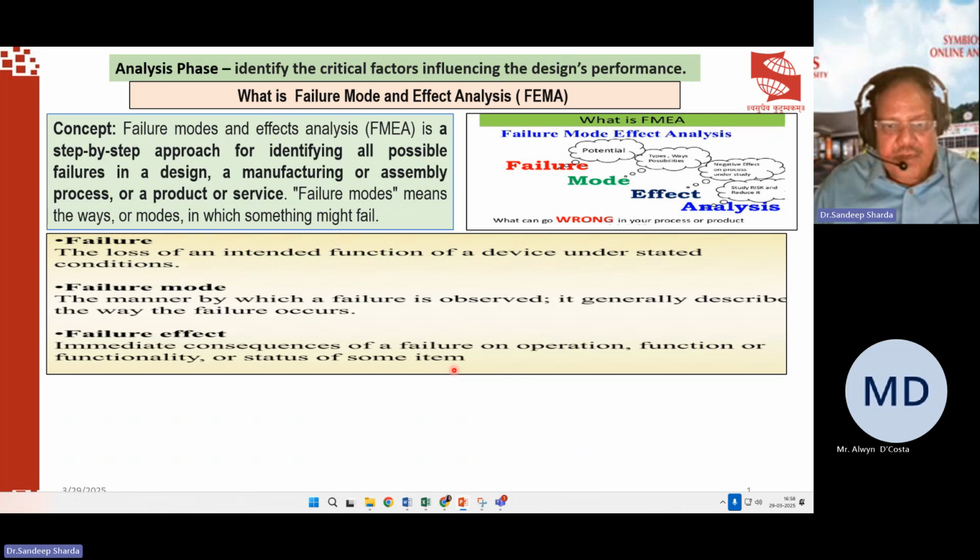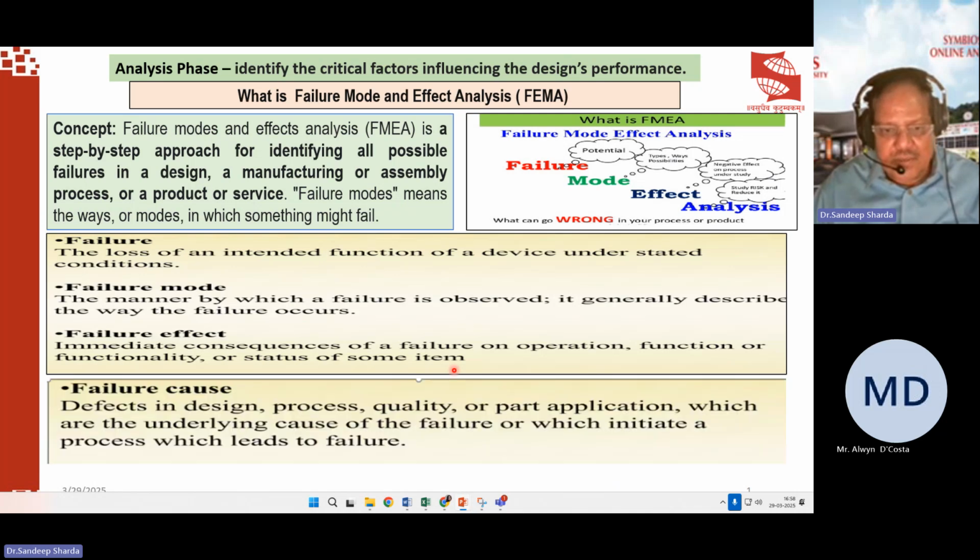The loss of an intended function of a device under the stated conditions, that is your failure. Failure mode will be the manner by which a failure is observed, generally describing the way the failure occurs. The failure effect will be the immediate consequences of a failure on an operation, function, functionality or status of some items.